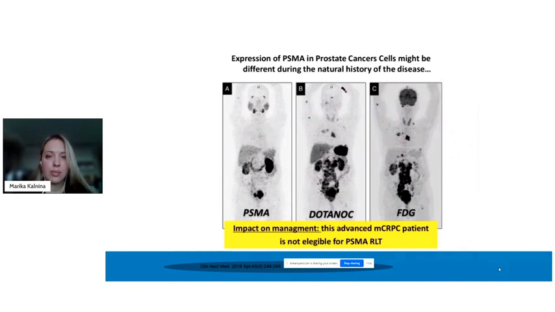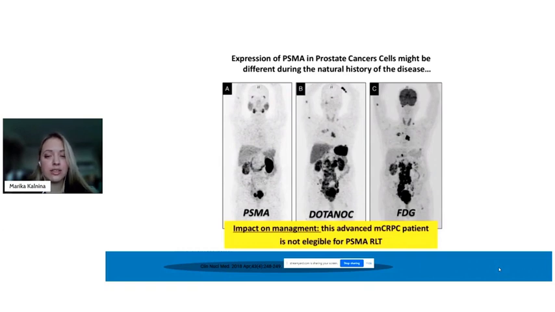This is one nice example from the literature, published a few years ago. It clearly shows that the expression of PSMA in prostate cancer cells might differ during the natural history of the disease. This is the same patient. At the beginning, the prostate cancer itself expressed PSMA, but later there was neuroendocrine differentiation and PSMA was not expressed so well, but DOTANOC, that is somatostatin receptor expression, was better seen.